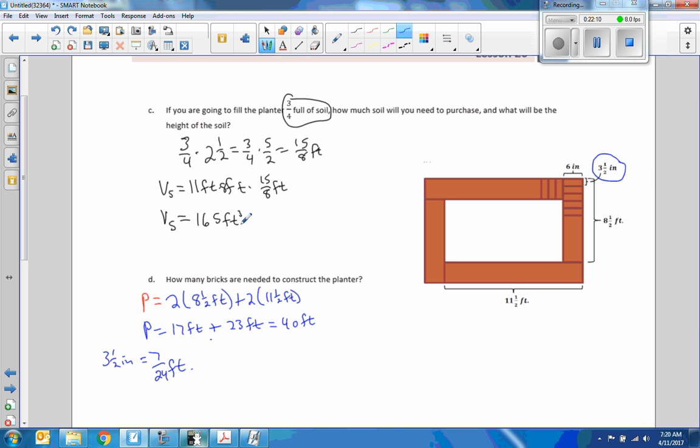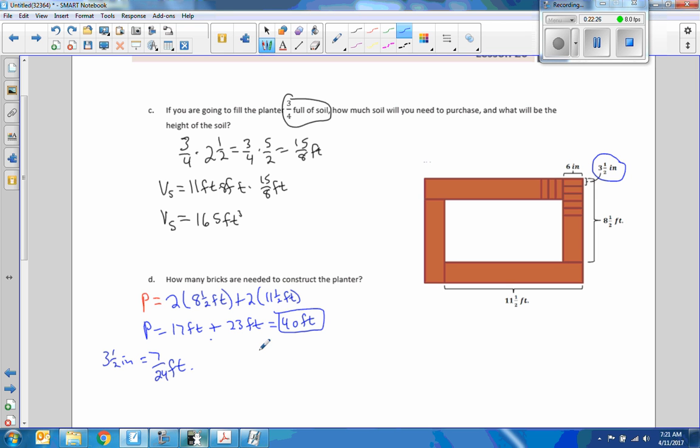So the perimeter is 40. The perimeter is 17 feet plus 23 feet. Okay, so hang on one second. Okay, so here's our perimeter. Perimeter was 40 feet.